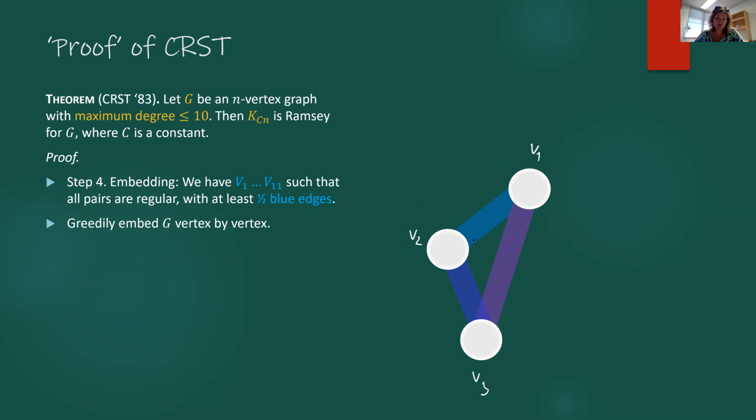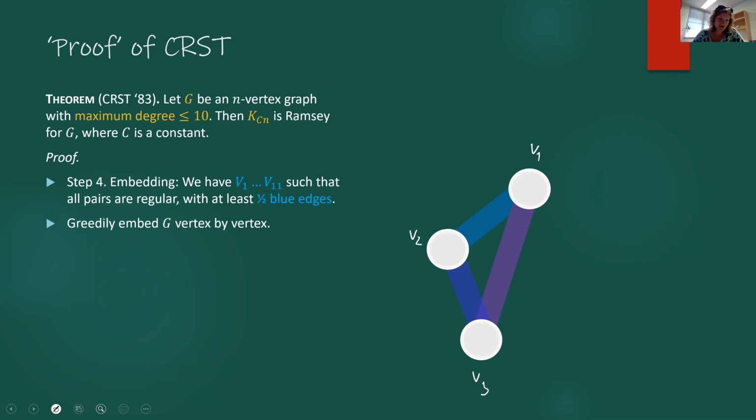And we want to find a blue copy of the graph G. So again, if you're not familiar with this business, it's enough to just remember that regular pairs make it easier for you to embed. So regular pairs make for algorithmic embedding.